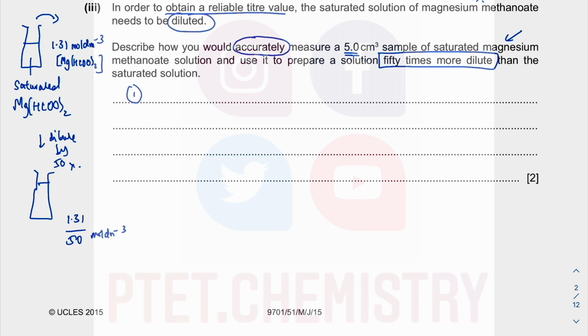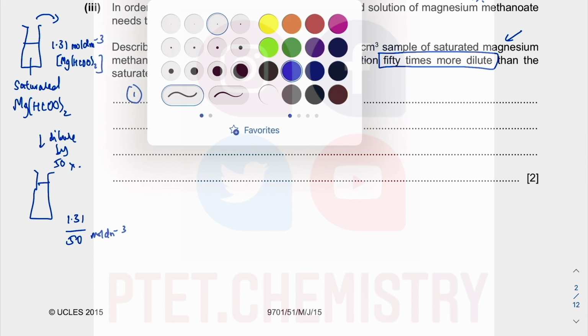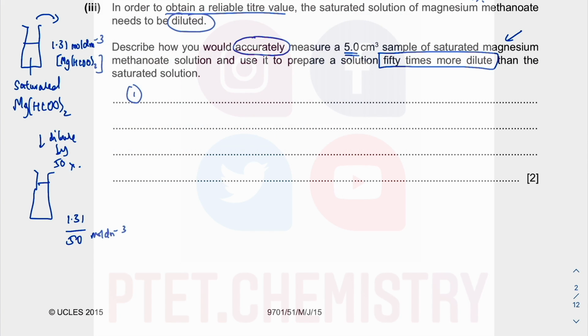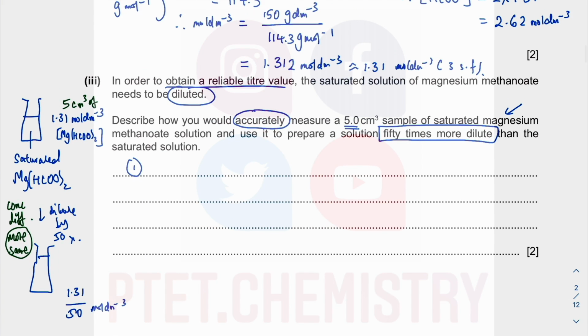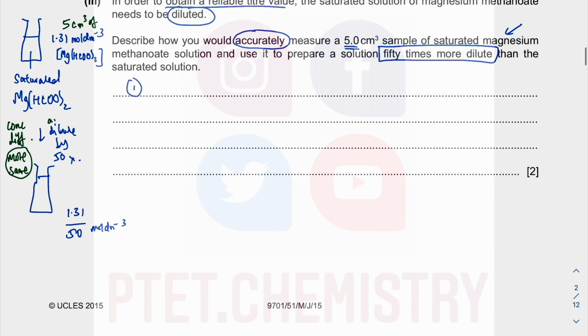If I start by doing my calculation, I can think about it: if I do dilution, I just add water, right? So my concentration is different, but my mole will be the same. When I say the mole is the same, I mean the mole when I take out the 5 cm³, not the whole batch. When I take out 5 cm³ of it, I just add water.